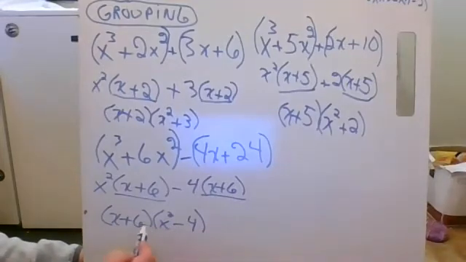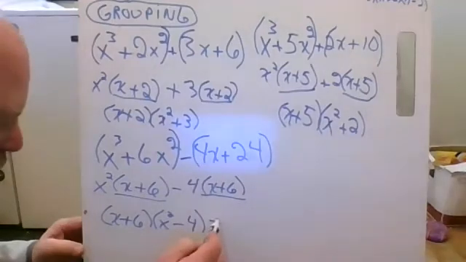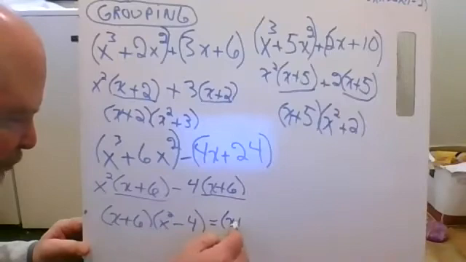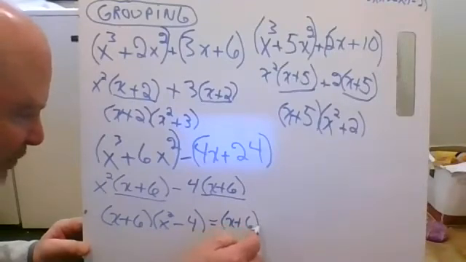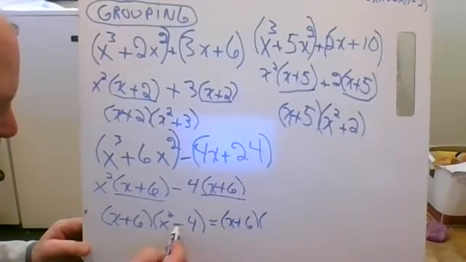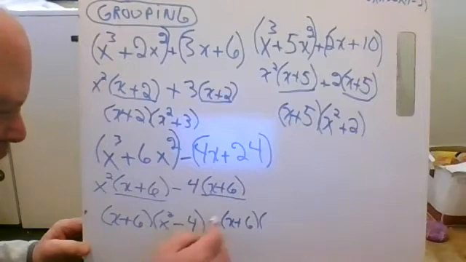And now again, we have to ask, are we done? We've written it as a product, but it's not completely factored because of x squared minus 4. And so now you're going to have to say equals the x plus 6. And then you have to factor the x squared minus 4 as a difference of squares.